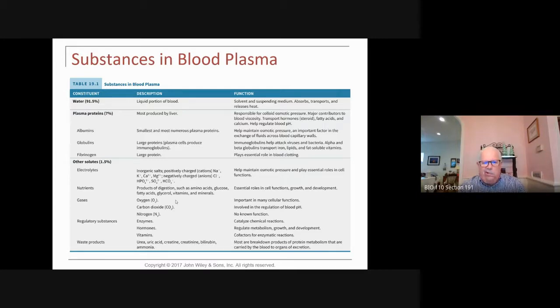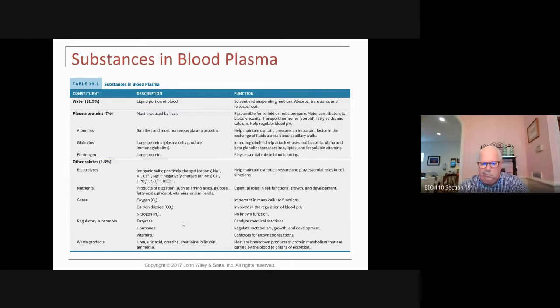There are other regulatory substances: enzymes, hormones, vitamins. We will talk about hormones and vitamins when we talk about nutrition and the endocrine system. You don't really have to know that. There is one enzyme you have to know, and that enzyme is carbonic anhydrase. I think there is a slide coming up that talks about carbonic anhydrase, so I will hold off until I see that slide.